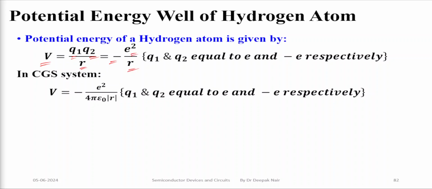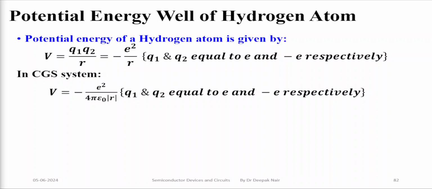Now, in the CGS system, that is the centimeter gram second system, the same potential can be written as V equal to minus e square upon 4 pi epsilon naught, the absolute value of r, or mod of r.